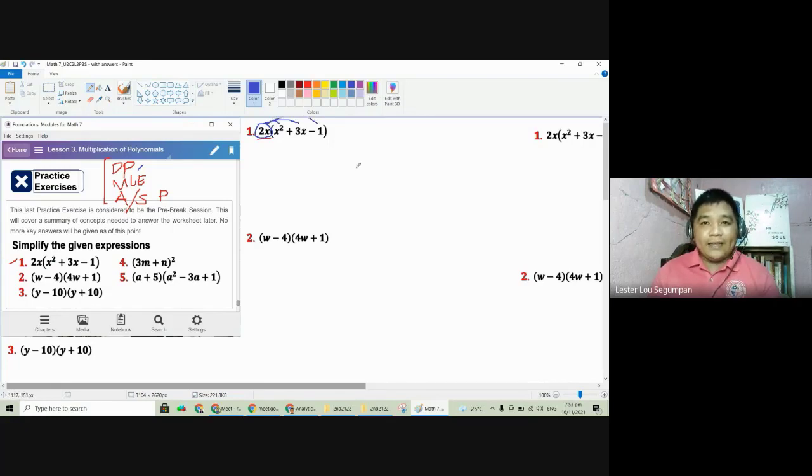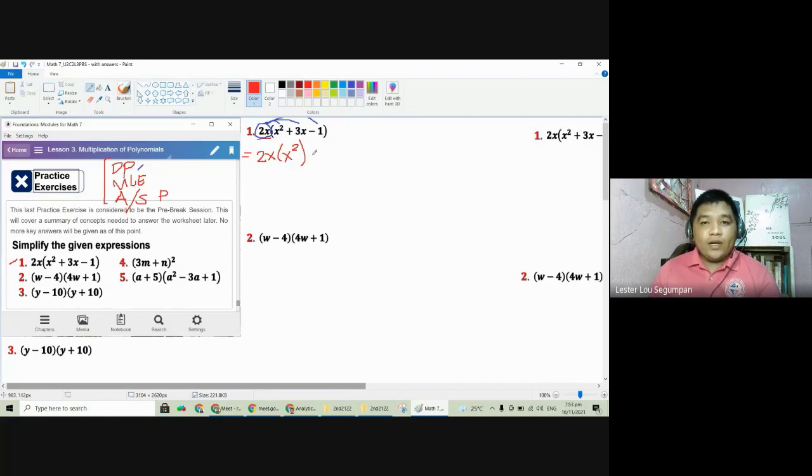And please do not forget that when we distribute terms, expressions, or coefficients, we are actually multiplying it to each of the terms found in the grouping symbol. My point is this. When we distribute that, the monomial 2x will be multiplied to the expression x squared.